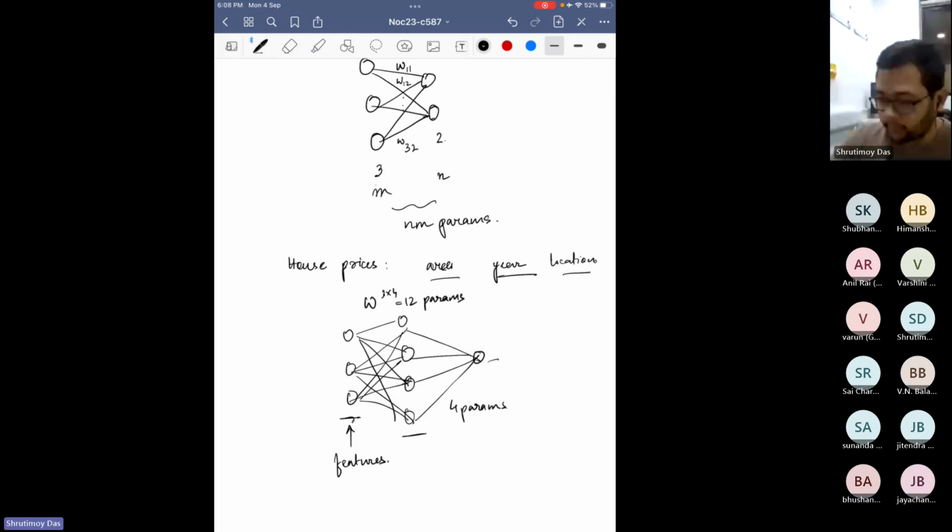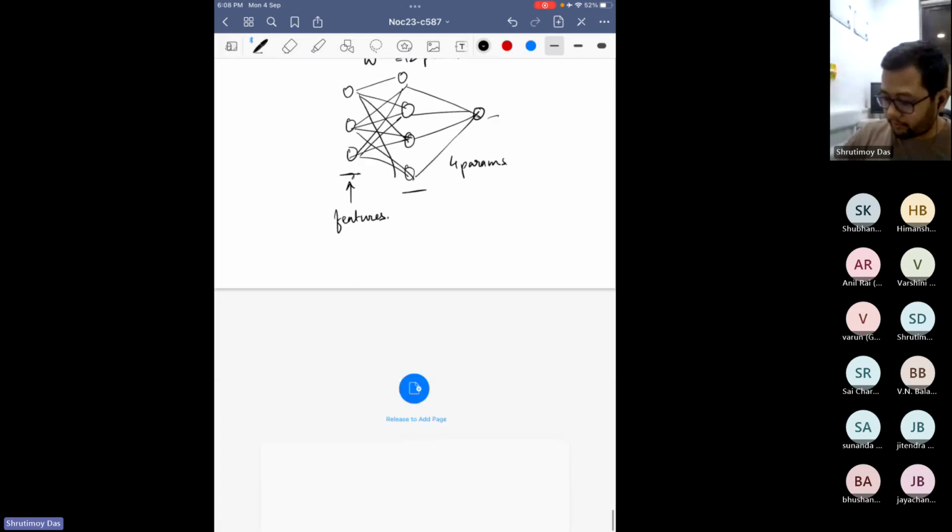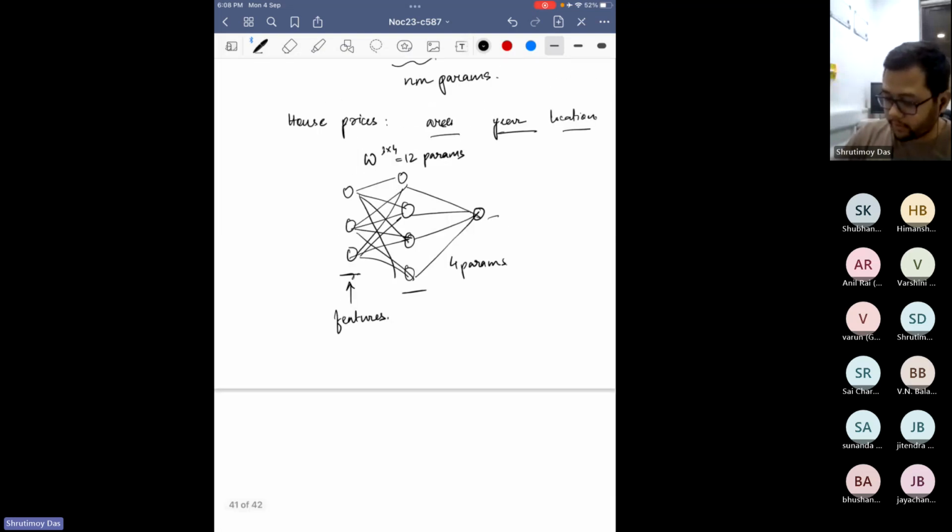Actually you can say that it is a type of feature that you have learned. Suppose these are the initial images, or suppose you are given some initial data. Then you apply some weights and go to some state.